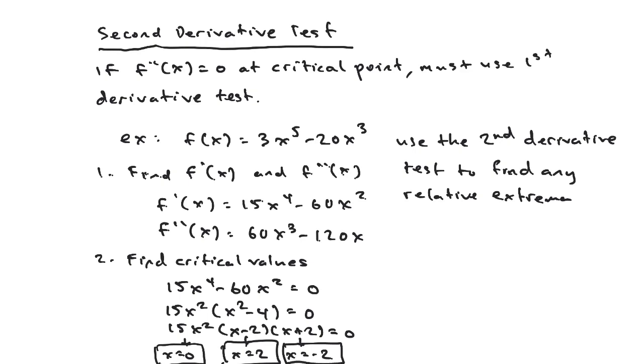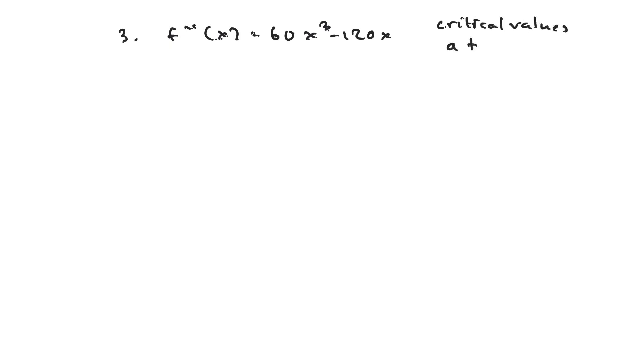The next step in the second derivative test is to check the sign of f double prime of x at the critical values. So the third step: we know f double prime of x is 60x cubed minus 120x, and we have critical values at x equals 0, x equals 2, and x equals minus 2.